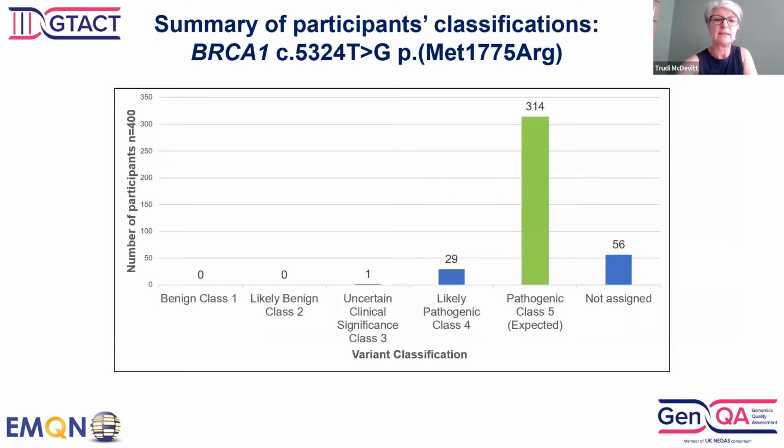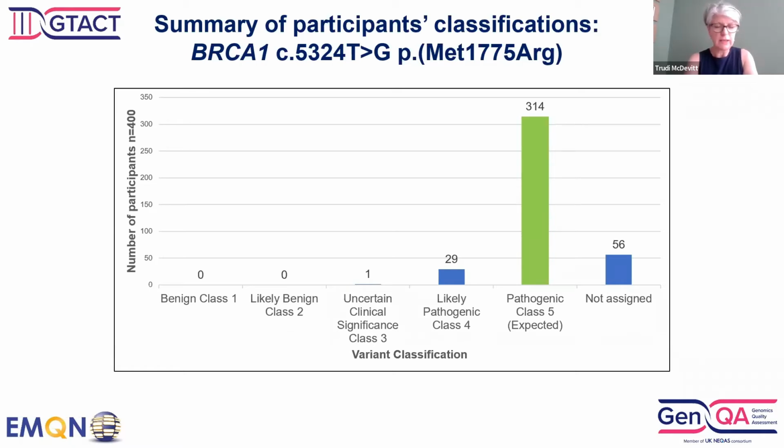So next slide, please. So you can see that about 92% of participants reported a class 5 and a small number class 4. So the clinical actionability of the outcomes is the same, so that's really good.